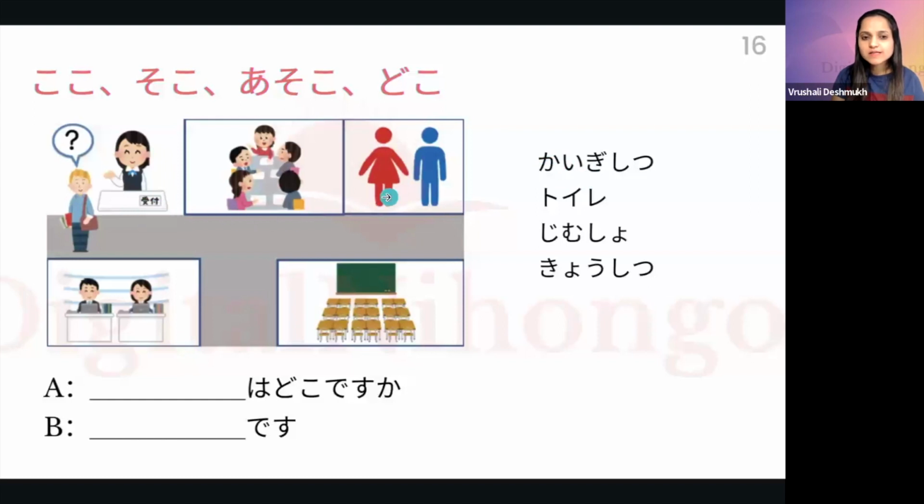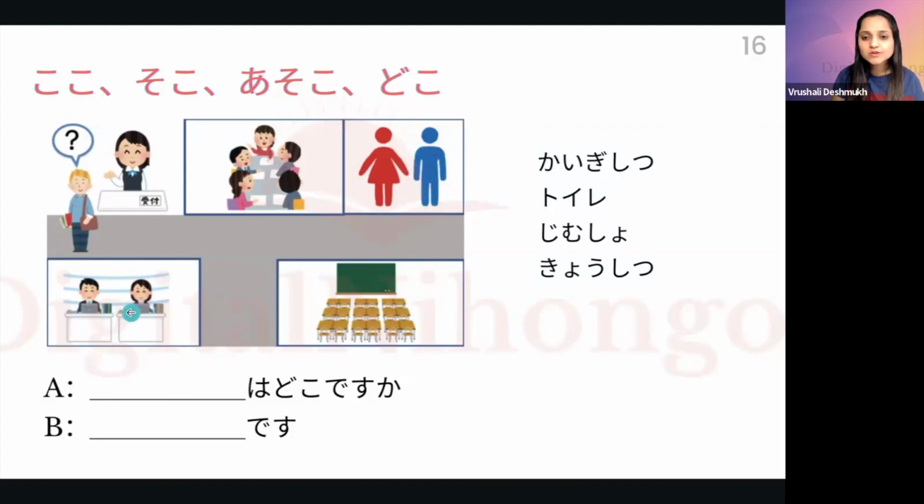First question is, Kaigishitsu wa doko desu ka? This person will answer koko desu because it's just near to her, just next to her. Toire wa doko desu ka? Now this is away from both of them, so she will say asoko desu.